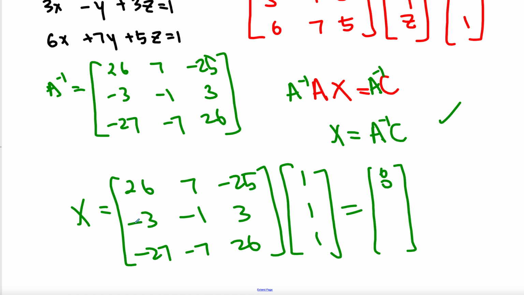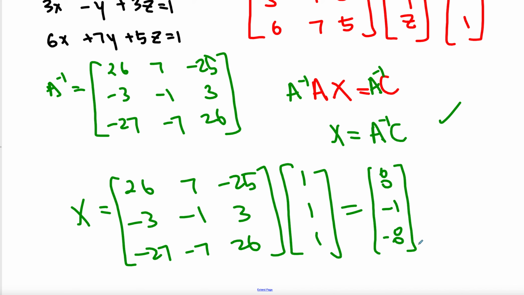Let's look at the second one. These 3 multiply to these 3, so we get -1. Lastly, if you add up these 3 values, multiplying these 3 values by 1, 1, 1, what we end up getting is -8.